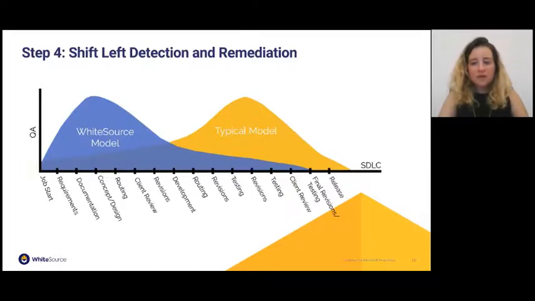An important thing to do is to automatically remediate vulnerabilities. And of course, this is not a straightforward or an easy task, but it's definitely worth considering. So not only detecting vulnerabilities automatically, but also remediating them automatically. Like, for example, having automated pull requests opened for actual fixes that are available.